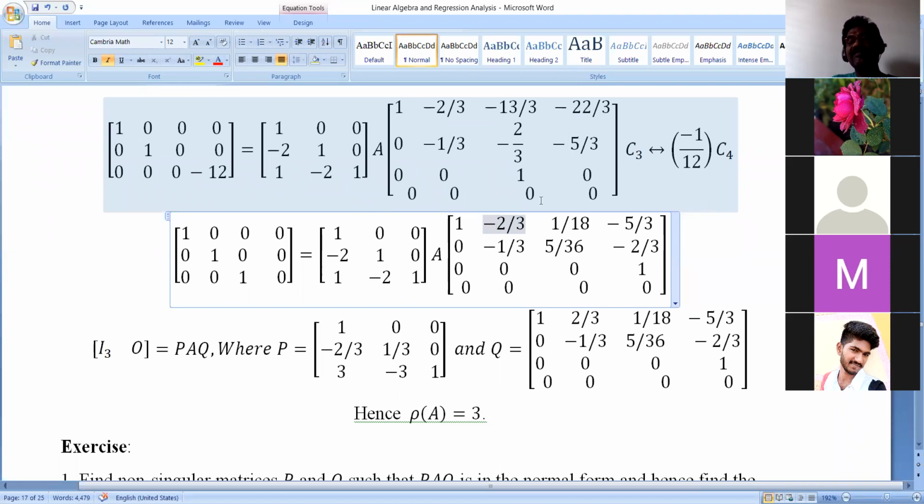Interchange these two rows. So that is minus 22 by 3 into minus 1 by 12, that is plus 11 by 12, right?